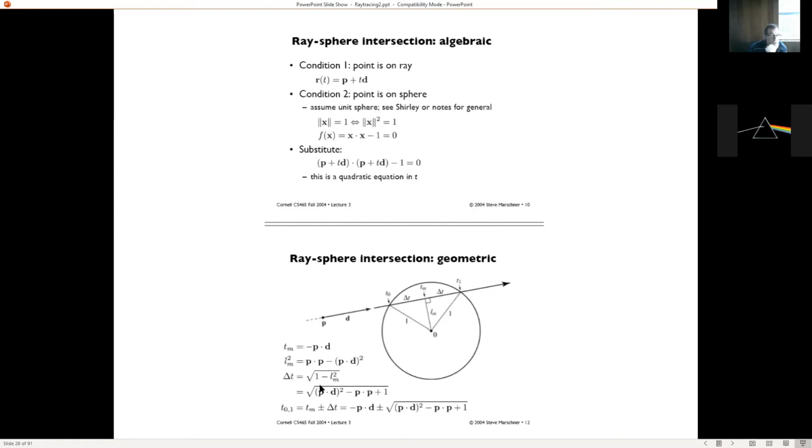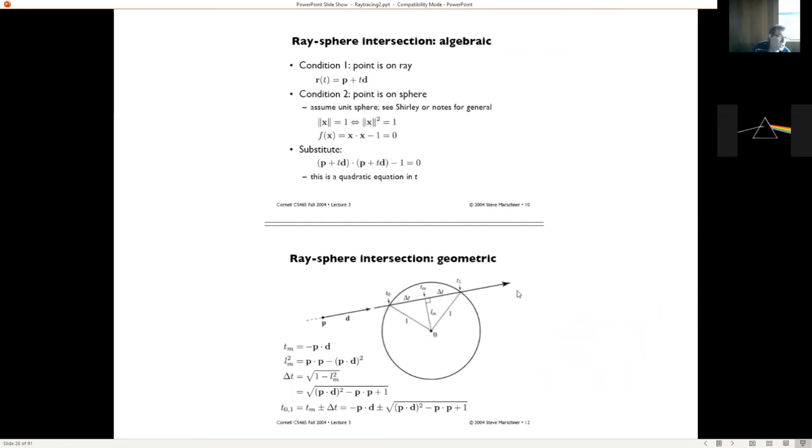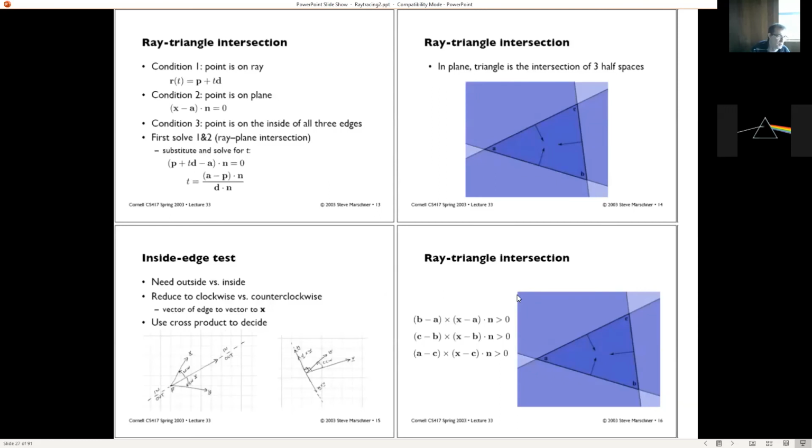So the sphere is this much math, and doing triangles is this much math, which is about the same, except times 10,000. I have to put a lot more objects in, and so things get slower. So people started out with spheres. But anyway, I write a function for this, I write a function for this, and now I can have whichever kind of objects I want in my scene, and I can check if my ray intersects them.